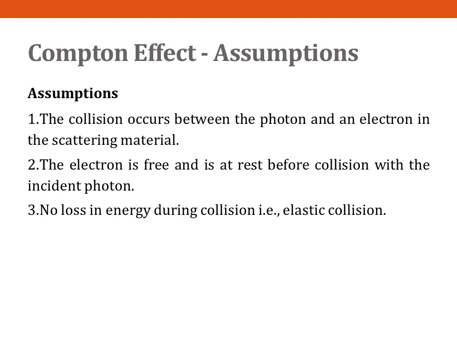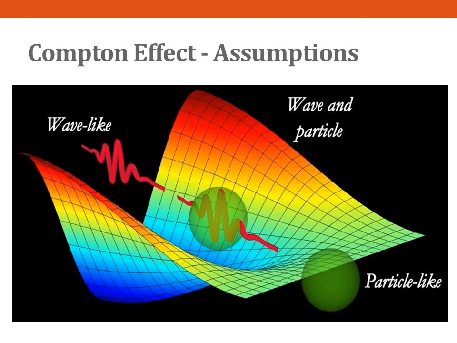And there is no loss in energy during collision, that is, an elastic collision occurs between the gamma rays and the electrons which are present in the scatterer. As a result, the photons which are originally in the radiation having wave-like nature turn out to be particles possessing particle-like nature.